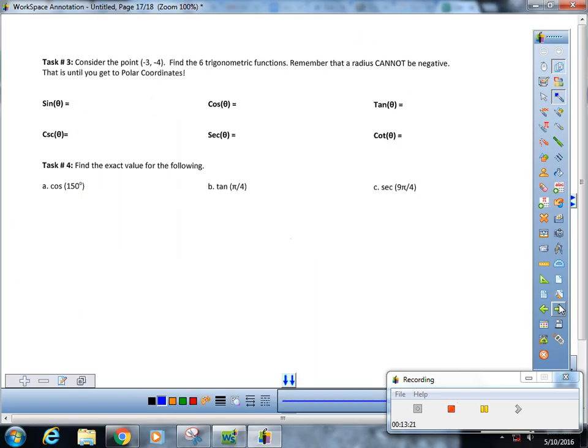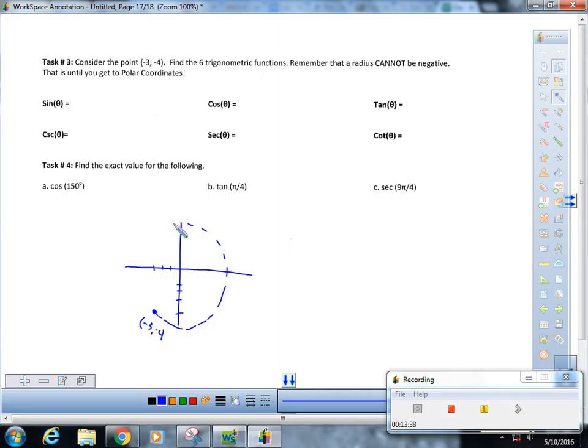Now we consider the point -3, -4. Again, imagine that is on a circle. What's our radius? Very good.